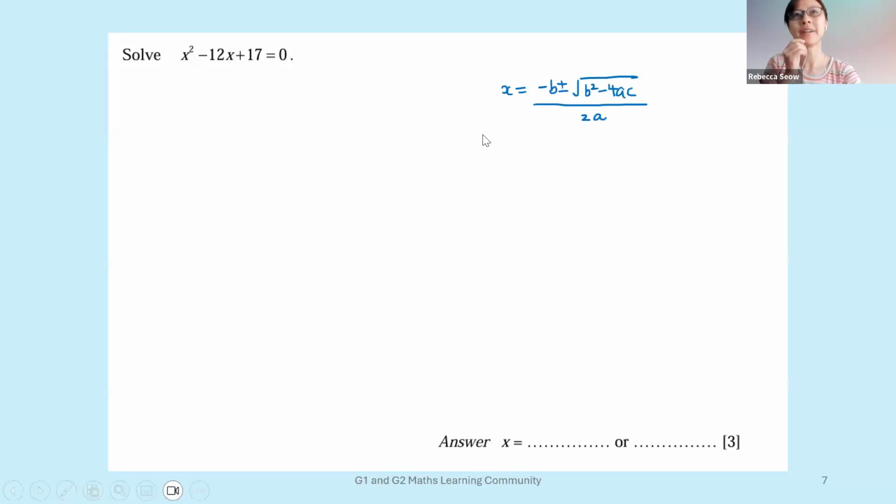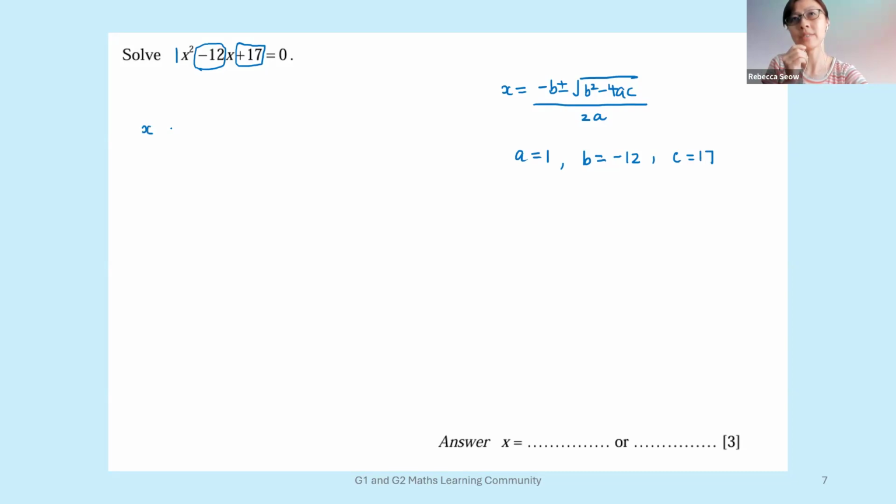Next, we find the values of a, b, and c, and we substitute into the formula. So a is the coefficient of x squared, and in this case, it is 1. b, coefficient of x, let's take the negative sign as well. So that's negative 12. And the last value is the constant value. So c is 17.